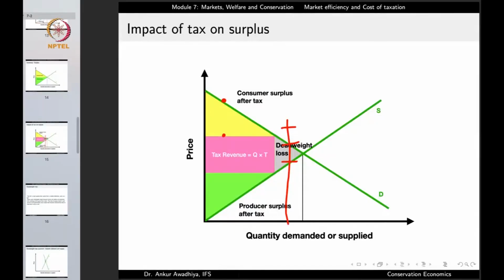And because this transaction does not occur, the government also does not get a revenue out of it, because the government will get a revenue only when the good gets sold. The revenue is the quantity of goods sold multiplied by the amount of tax. But if the good is not sold because it is no longer lucrative to the buyer and the seller, then the government also does not get the revenue. So this is a loss in the total surplus that is arising because of the market distortion, in this case, the taxation.